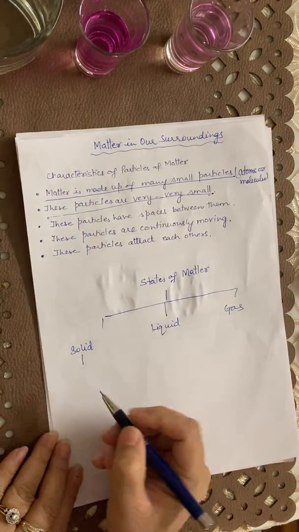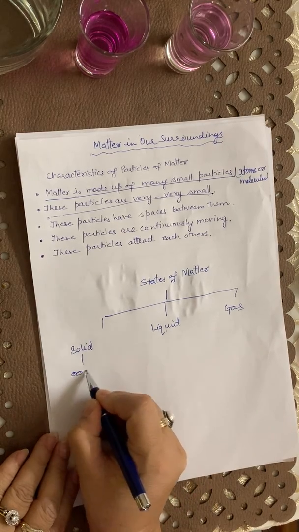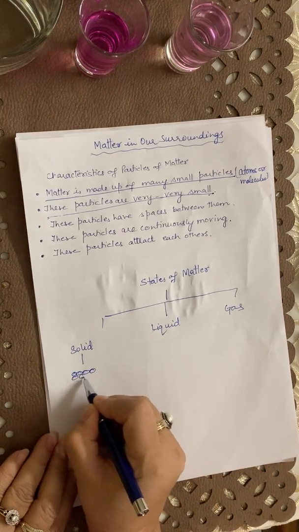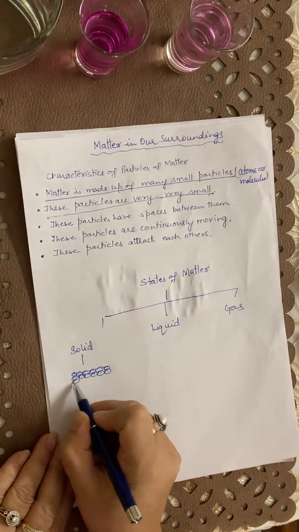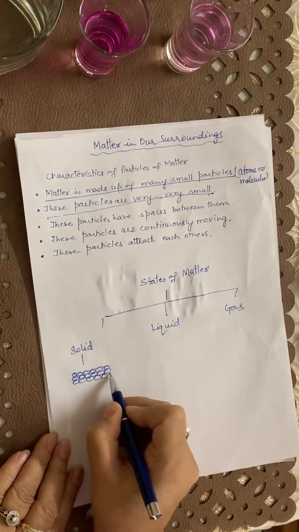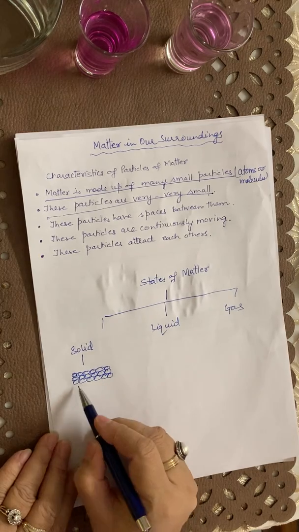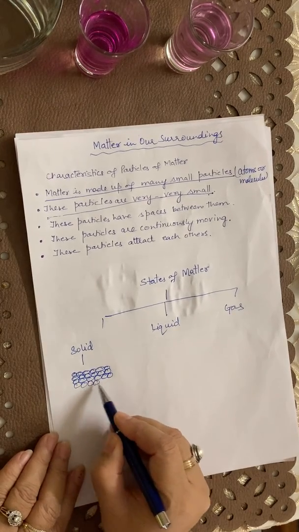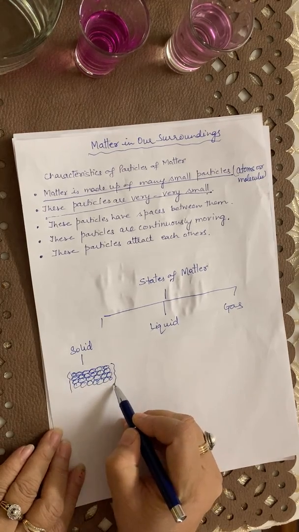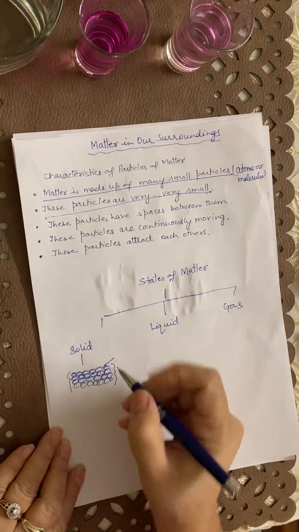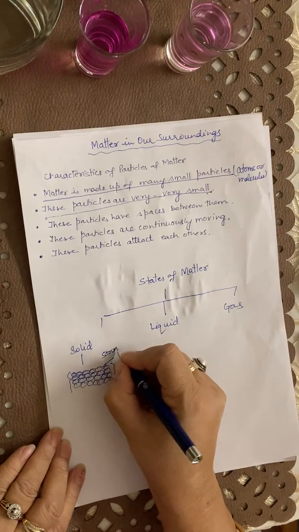So I am going to draw the structure of the solids. In solids, the particles are tightly packed. When these particles are tightly packed, they have a strong force of attraction.